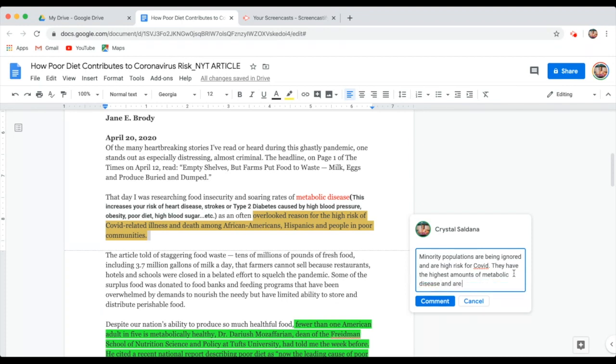and are not receiving the attention they deserve. That was kind of responding to the, why does it matter, right? And I continued with that thought.